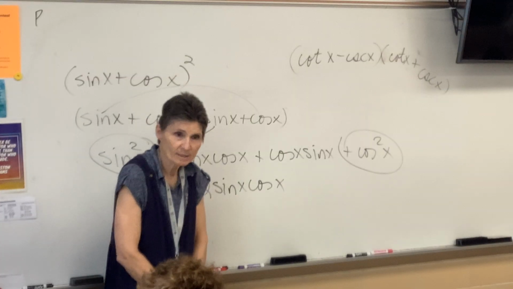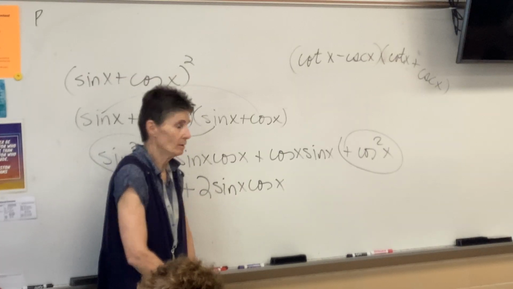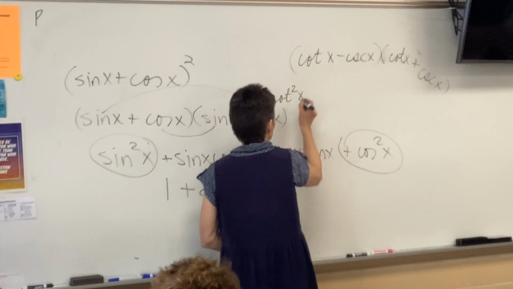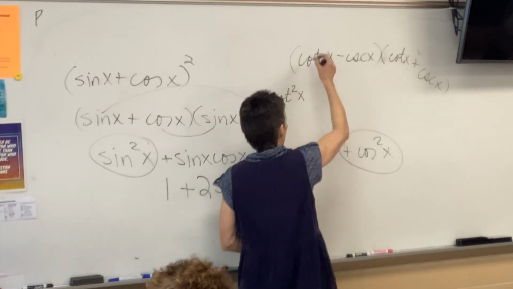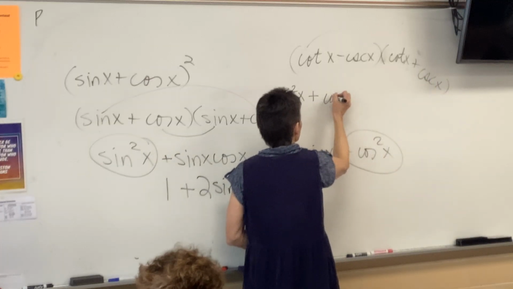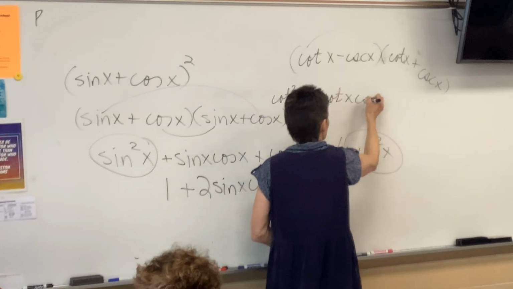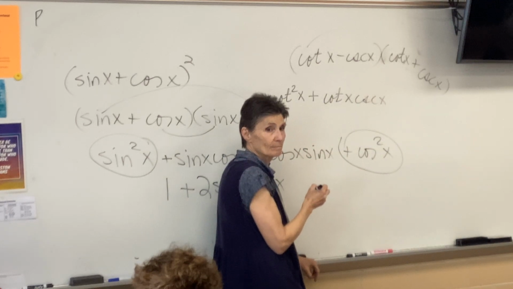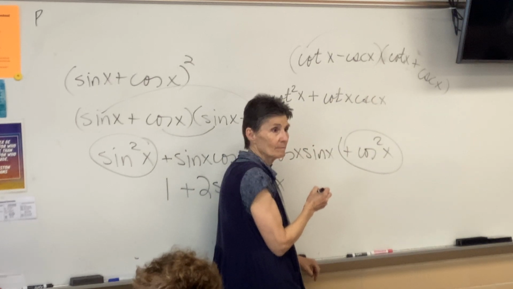What do you suggest? Well, first things first. Now, outsides are going to be positive cotangent cosecant. Right?